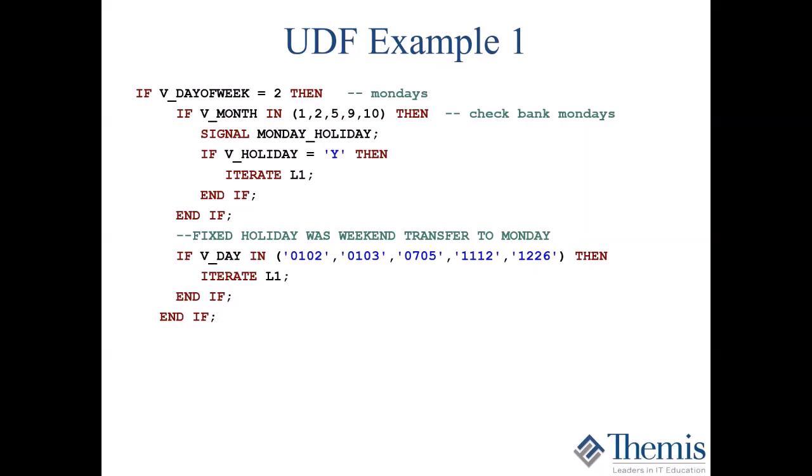If the day of week is 2, that means a Monday. Well, we got all kinds of weird things in the US anyway that go on Mondays. You can see here, if I'm January, February, May, September, or October, then I need to go check and see about Monday holidays. In other words, those are the months that contain a Monday holiday.